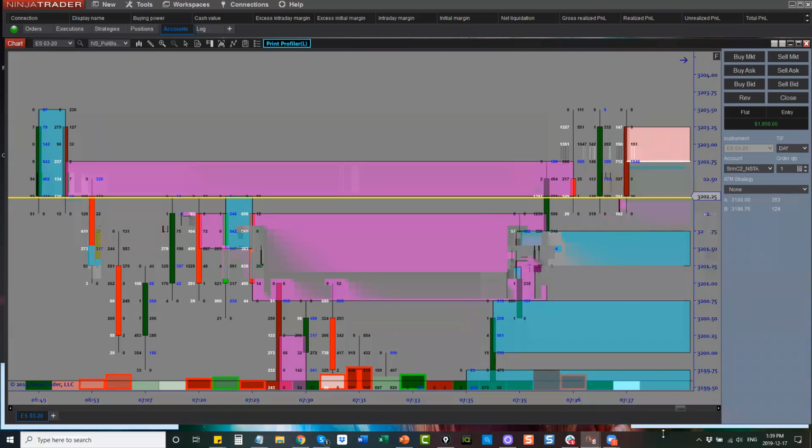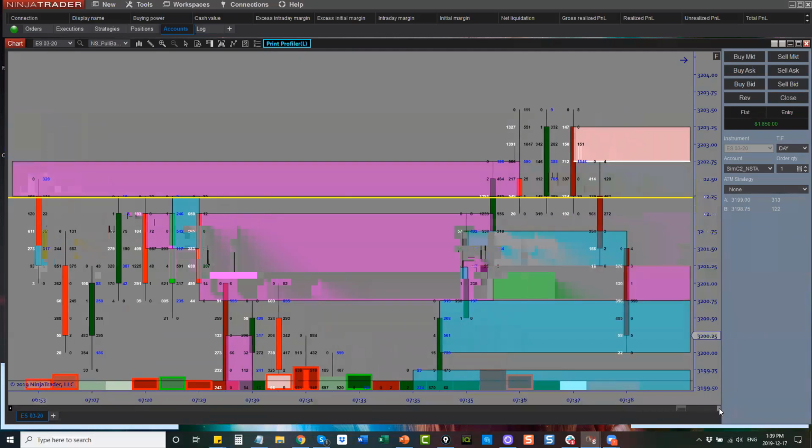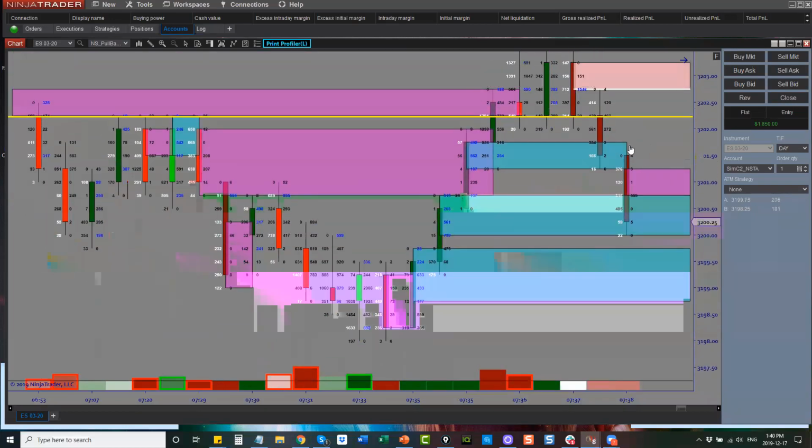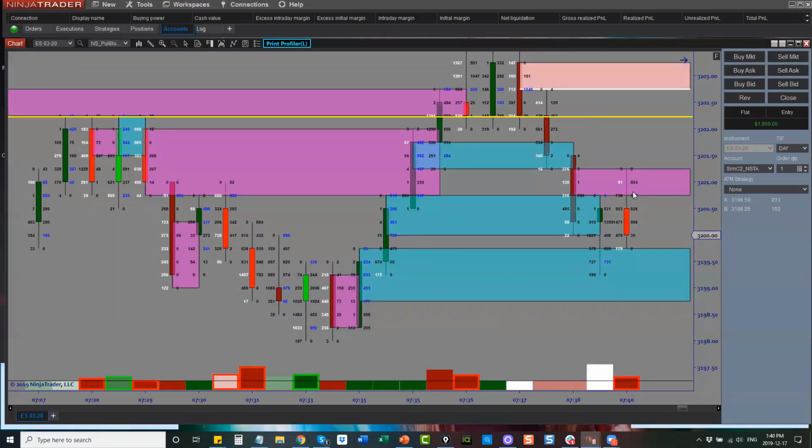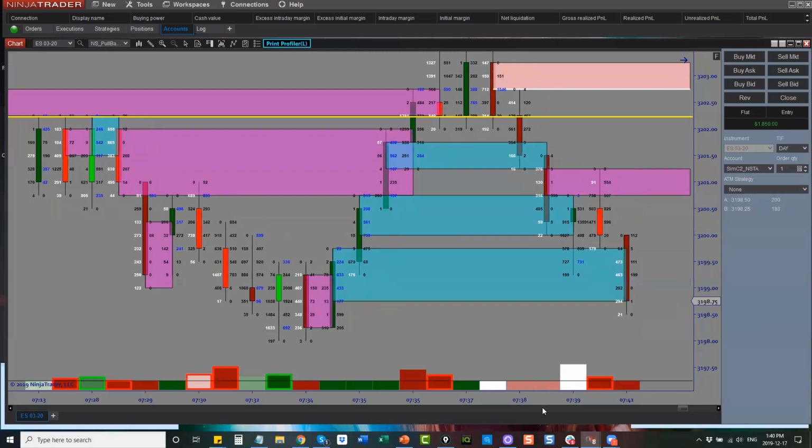Price gets up to that level, to the tick, goes right back to that level, to the tick. What happens at that supply zone? It drops right back out of it.